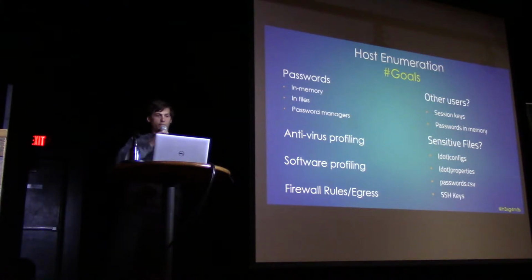Then last time, we talked about host enumeration, doing it locally on every box you get to. There's a bunch of stuff you want to look for, like passwords on that machine. You can profile the software the company uses, look for other users on those boxes, and then grep through a bunch of sensitive files looking for more, mostly credentials.